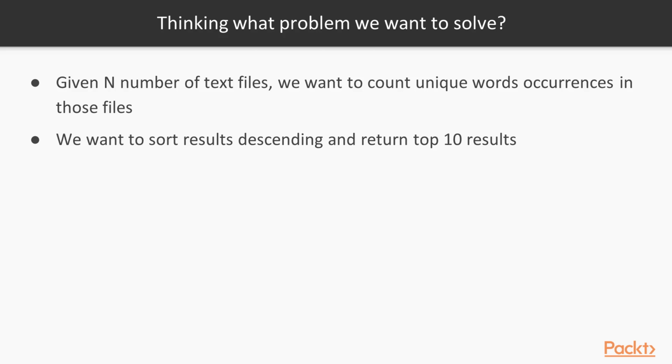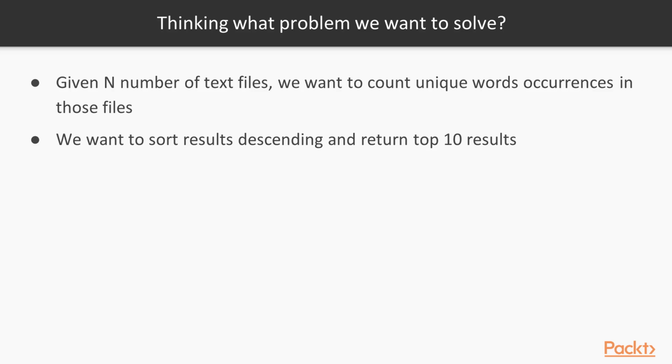So what problem do we want to solve? We are given n text files, and we want to count unique word occurrences in those files. So basically this is a word count problem. Having n text files, we want to analyze each of those files and aggregate results into an RDD and count those results.